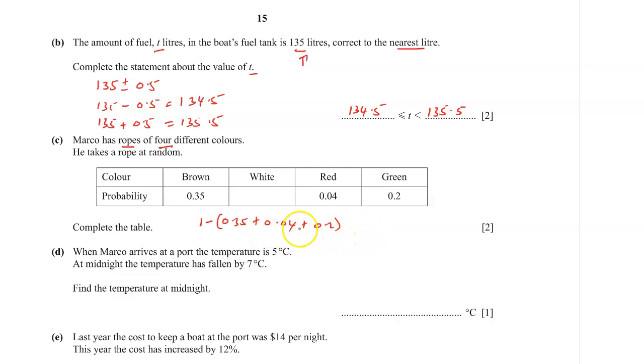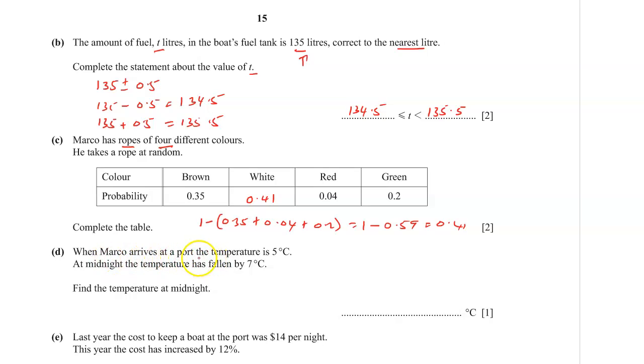This will give you 1 minus 0.59, and this will give you 0.41. So 0.41 is white.